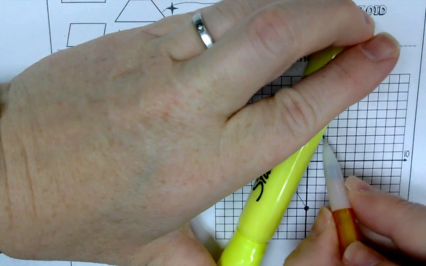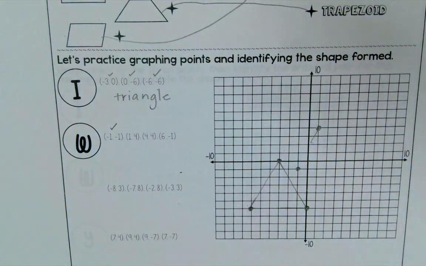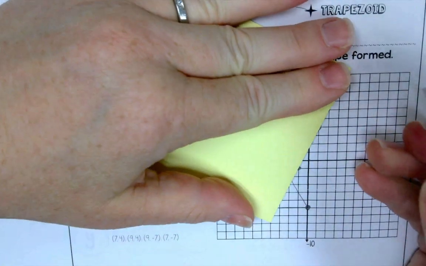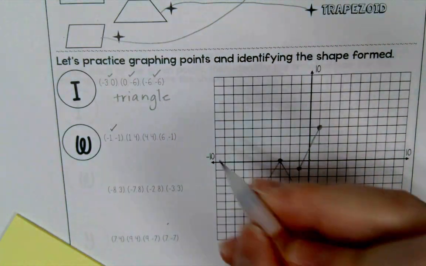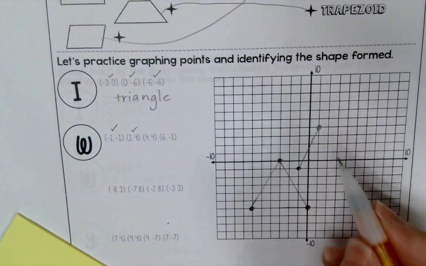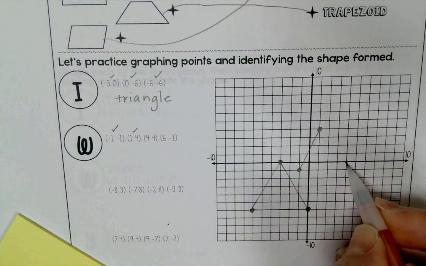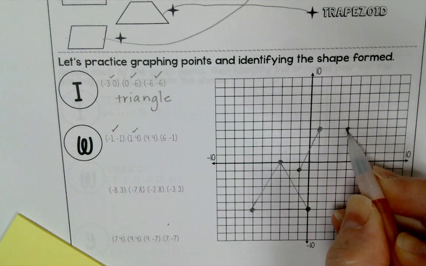And then positive 4, positive 4 from the origin, 1, 2, 3, 4, going up, 1, 2, 3, 4.